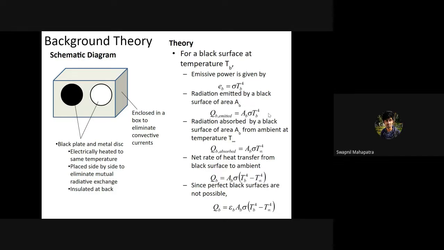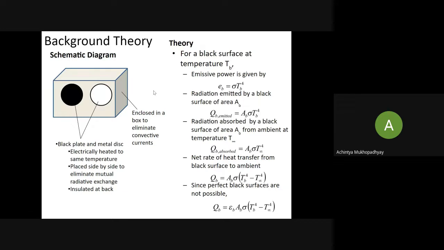At the same time, there is some energy being emitted from the ambient, which is at temperature T infinity, and part of it is being absorbed by this black surface. A black surface is a perfect absorber also, so any radiation that comes is absorbed.